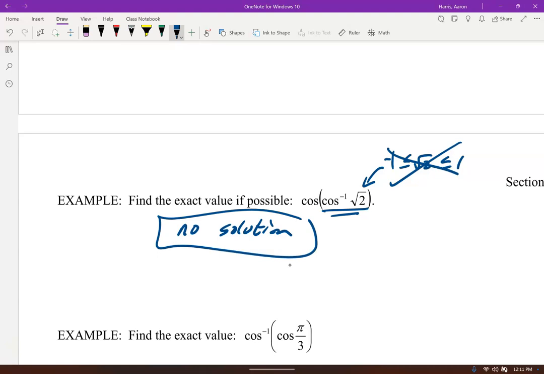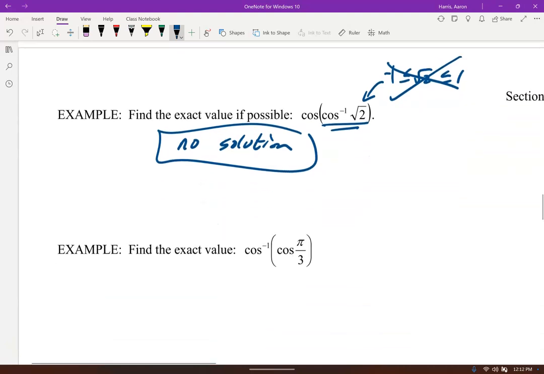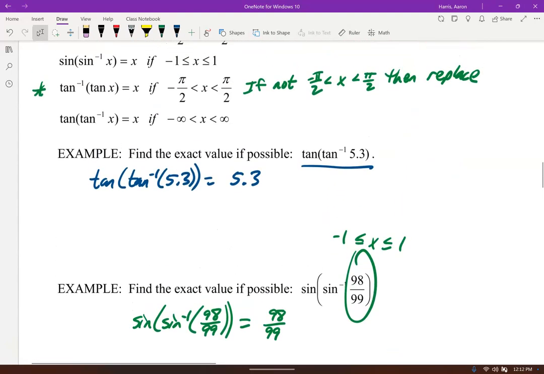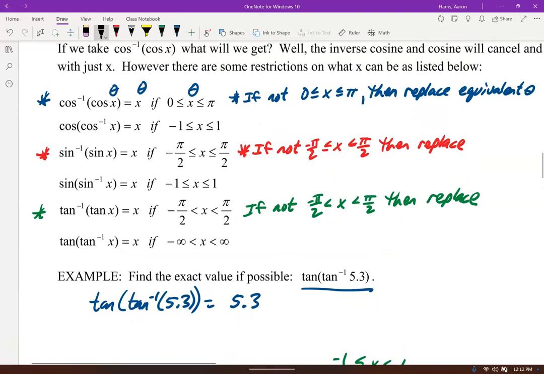All right, how about the arc cosine of the cosine of pi thirds? Let's come back up here. Arc cosine of the cosine of pi thirds. So the question is, is pi thirds less than or equal to pi, greater than or equal to 0?